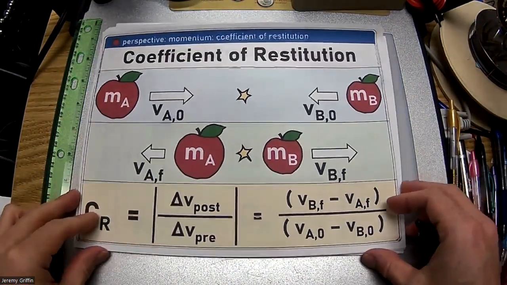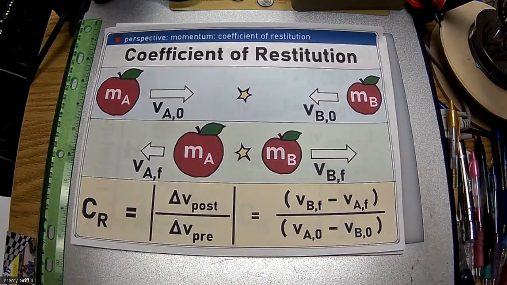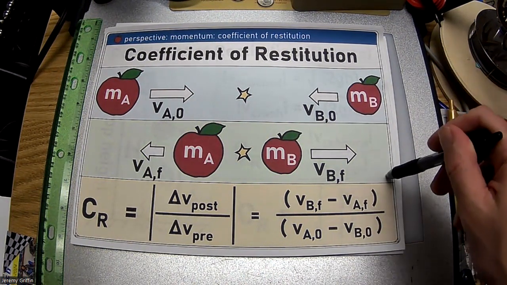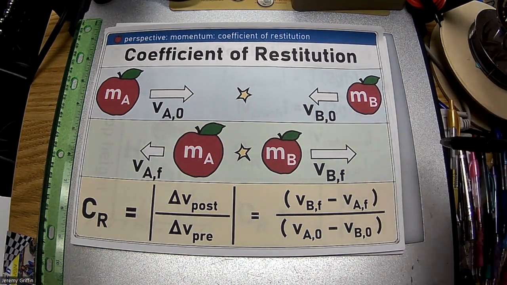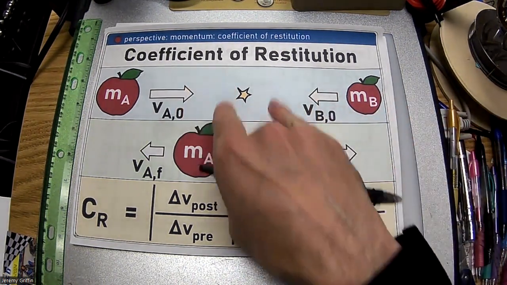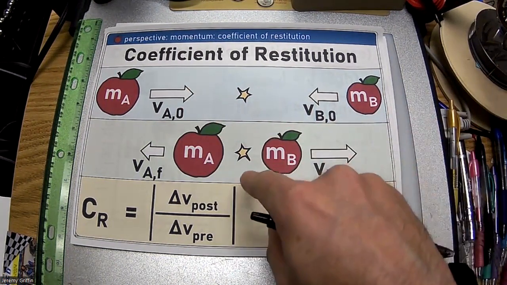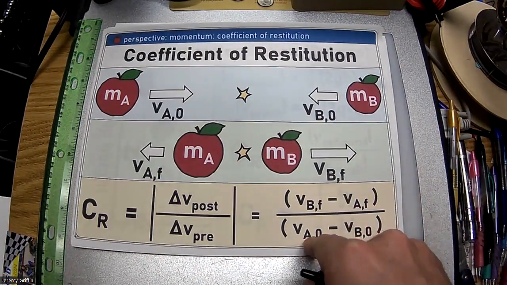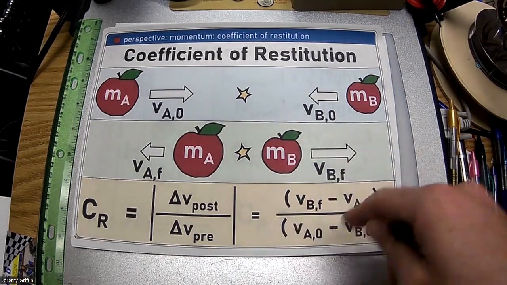Here's how you could quantify how bouncy a collision is. Now, AP is not going to ask this, so this is just extra information for this class. You might get it in college. So the pre-collision and post-collision difference in velocities: take the difference post compared to the difference pre, and make it an absolute value.